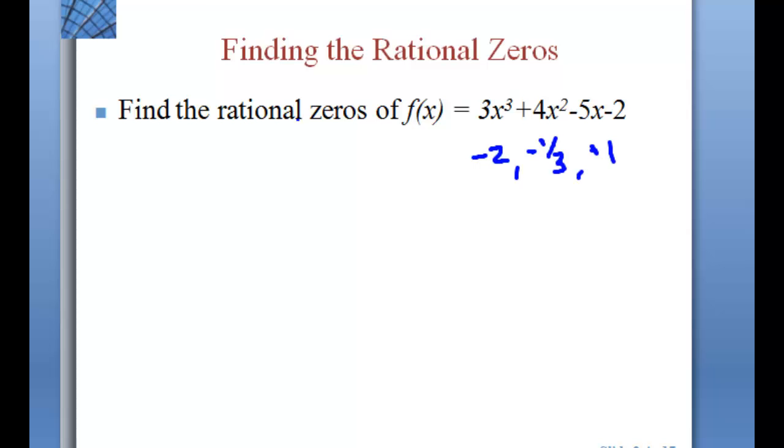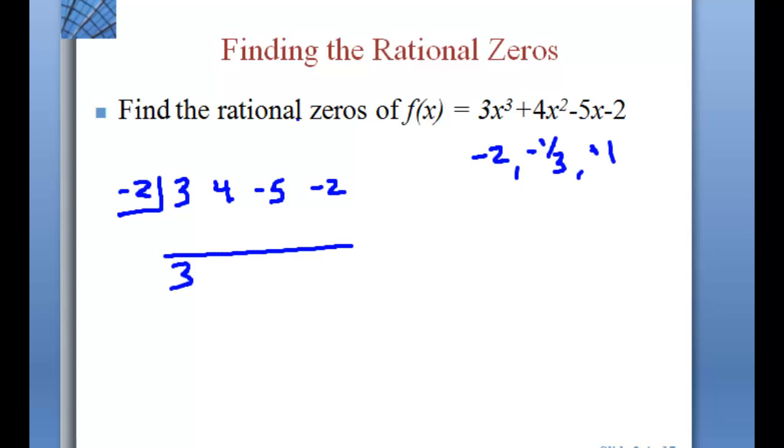So I'll choose the -2. -2 will go in there, and 3, 4, -5, -2. 3 comes down, -6. Adding them, I get a -2. -2 times -2 is a +4. -1, +2, 0.